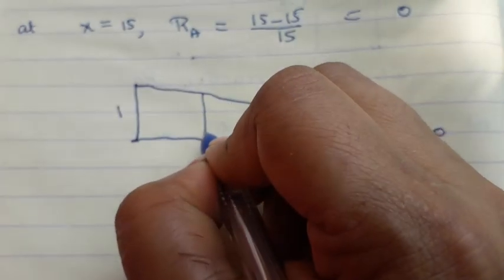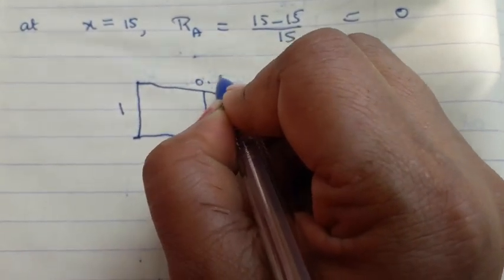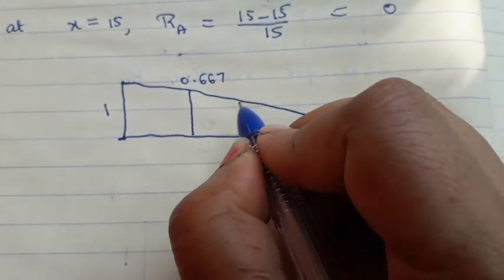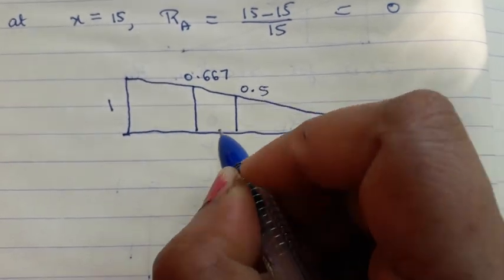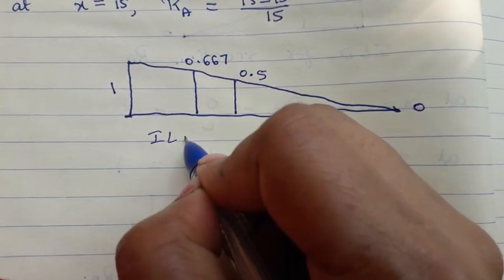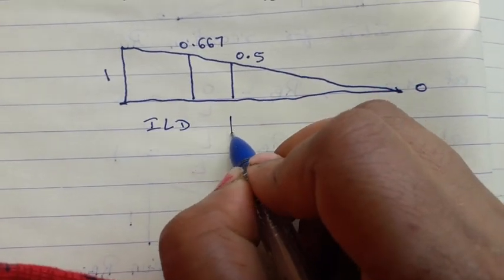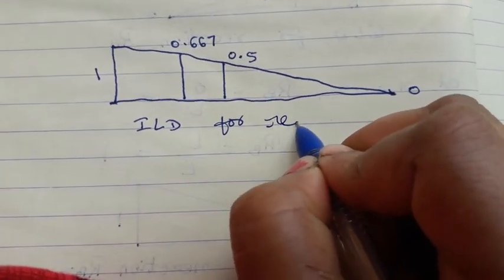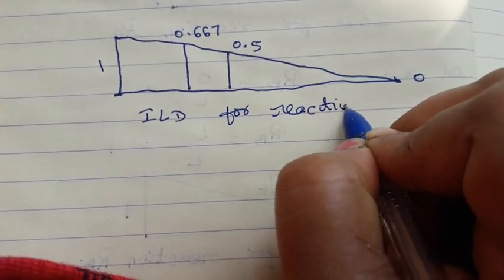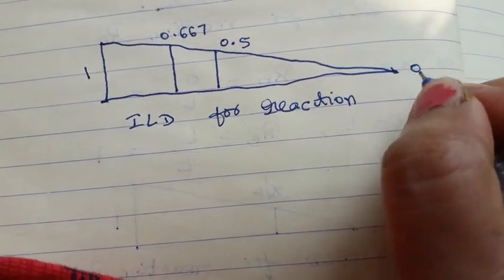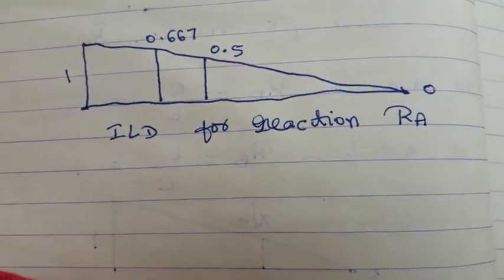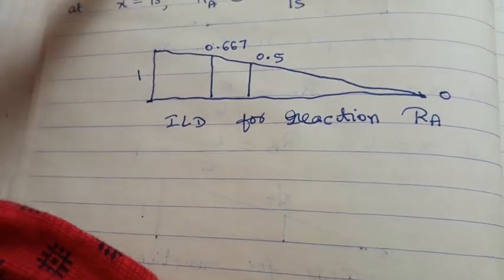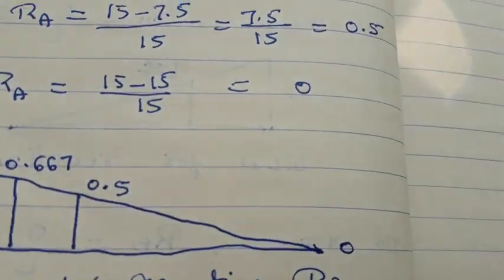At 5 meter, it is 0.667. At 7.5, it is 0.5. This is the ILD for reaction RA. This is how we have to calculate for ILD.